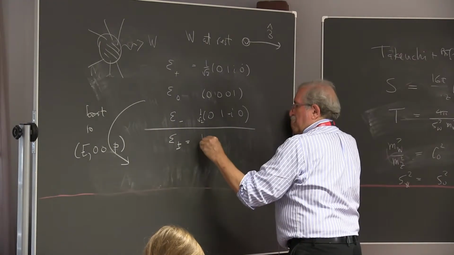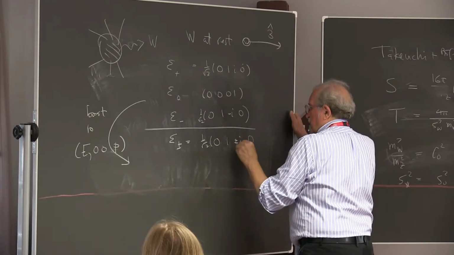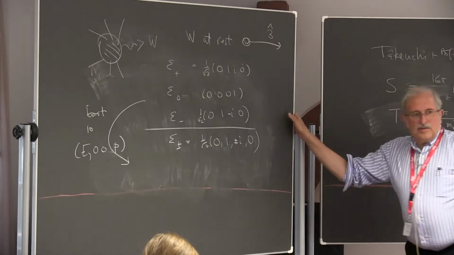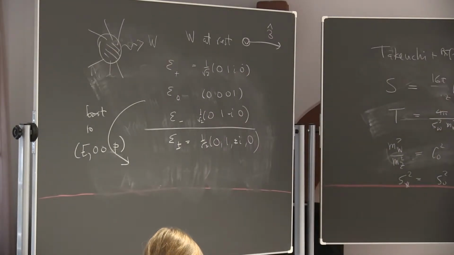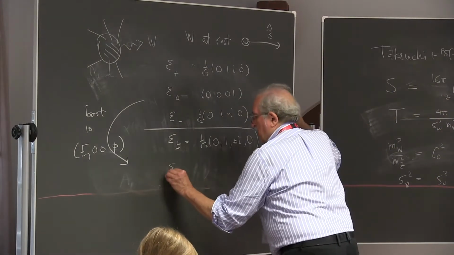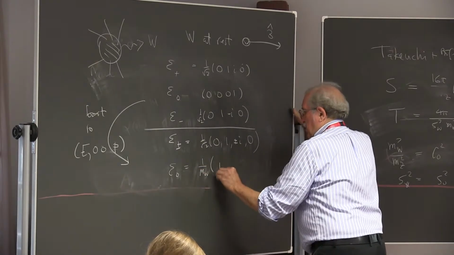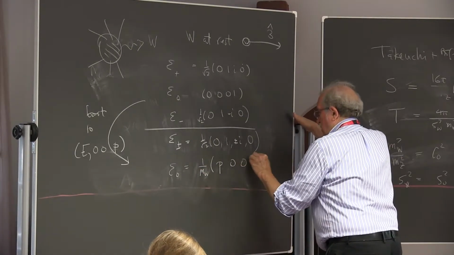Epsilon plus or minus will be (0, 1, plus or minus i, 0), because if I boost a transverse vector, it doesn't change. However, if I boost this vector, it turns into the following thing: (1/m_W)(p, 0, 0, E).